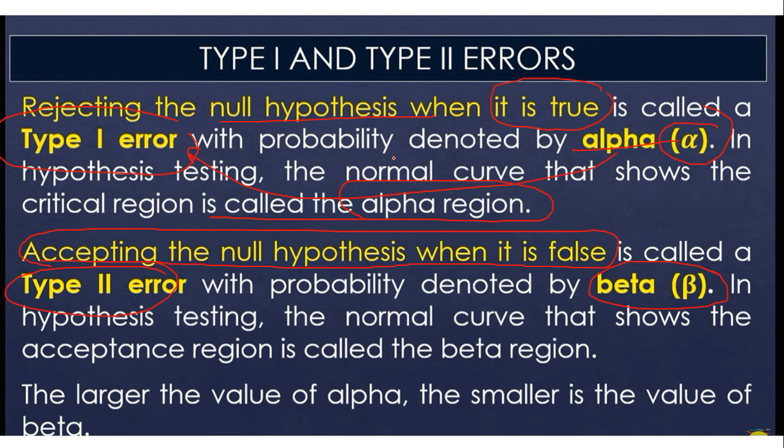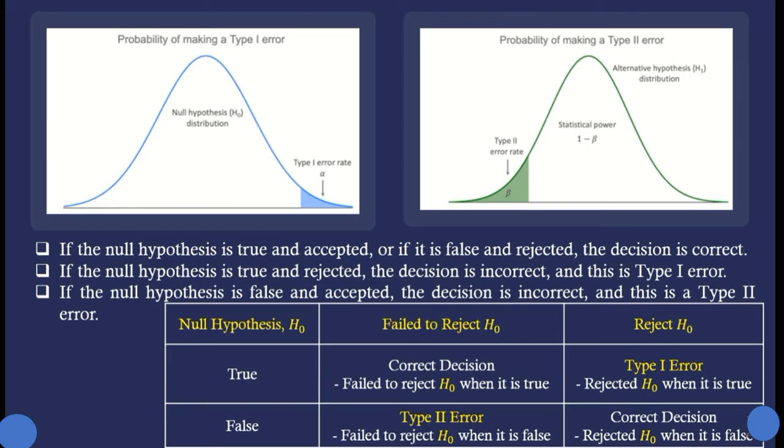The normal curve that shows the acceptance region is called the beta region, because another name for type 2 error is beta. Note, the larger the value of alpha, the smaller the value of beta. Again, the larger the value of alpha, the smaller the value of beta. So, we have here a representation of type 1 and type 2.